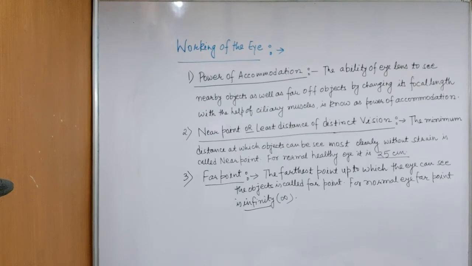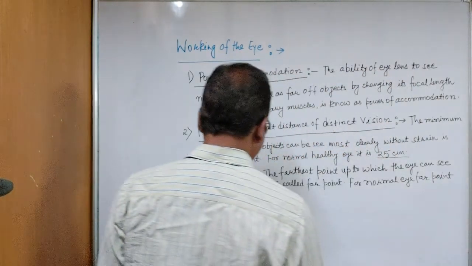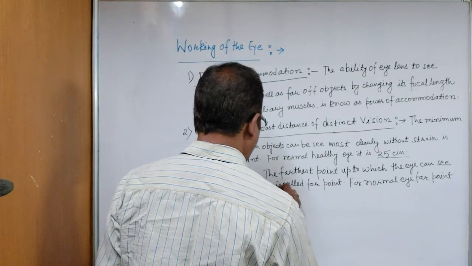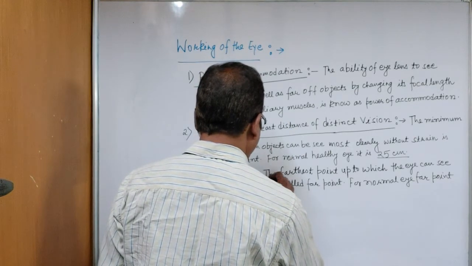And write it in your classwork copy. Here you can add a term: see the objects clearly.